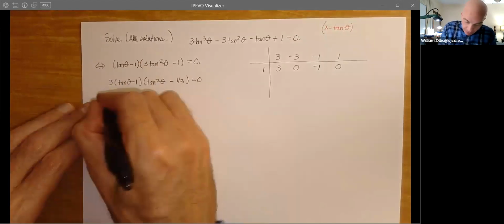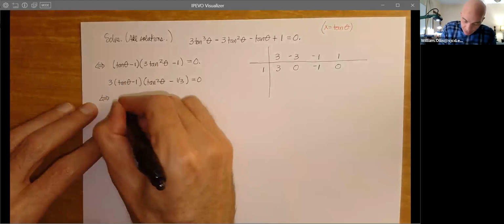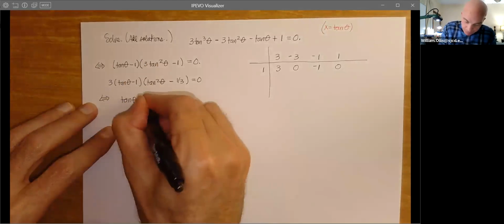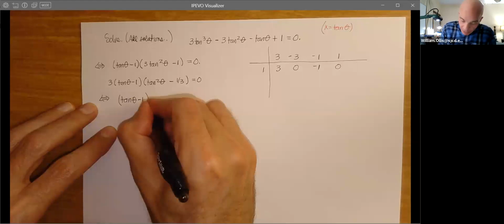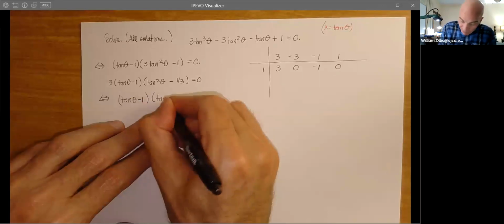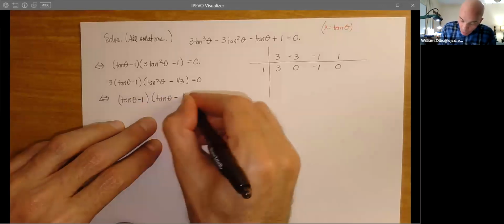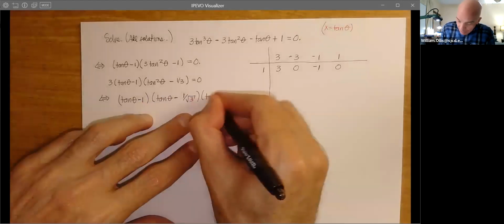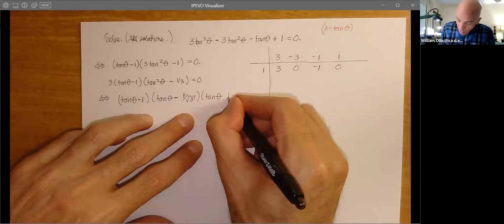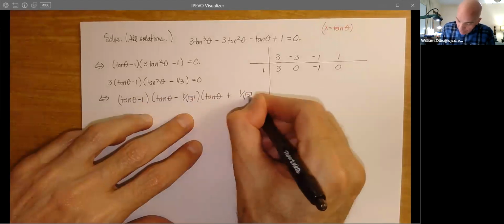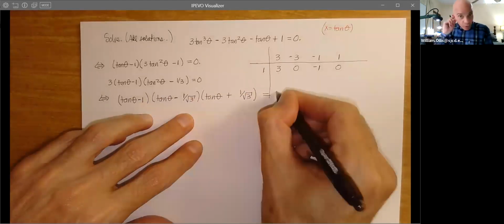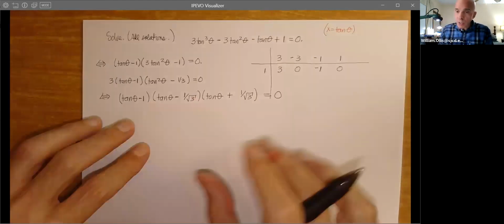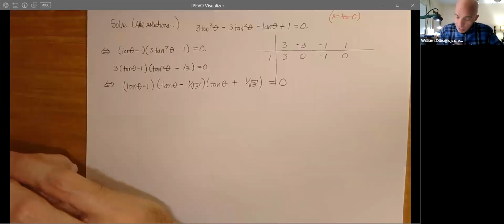So if and only if tangent theta minus 1 over the square root of 3, and then tangent theta plus 1 over the square root of 3. And this is what we do when we solve equations, and this is what you'll continue to do in calculus.